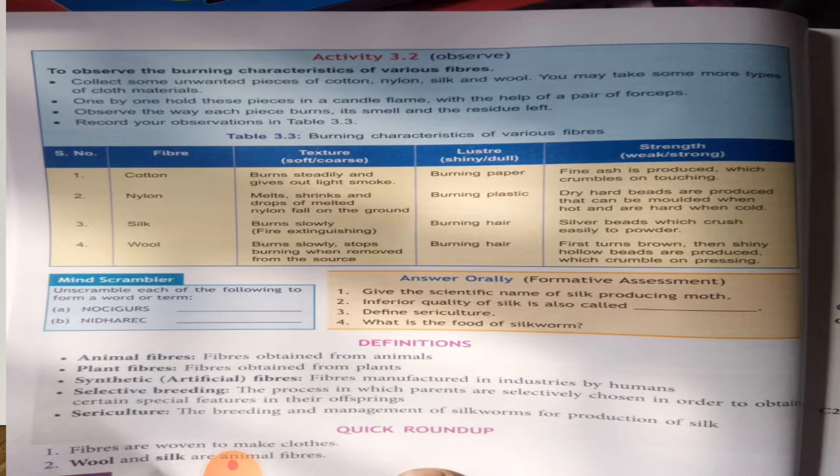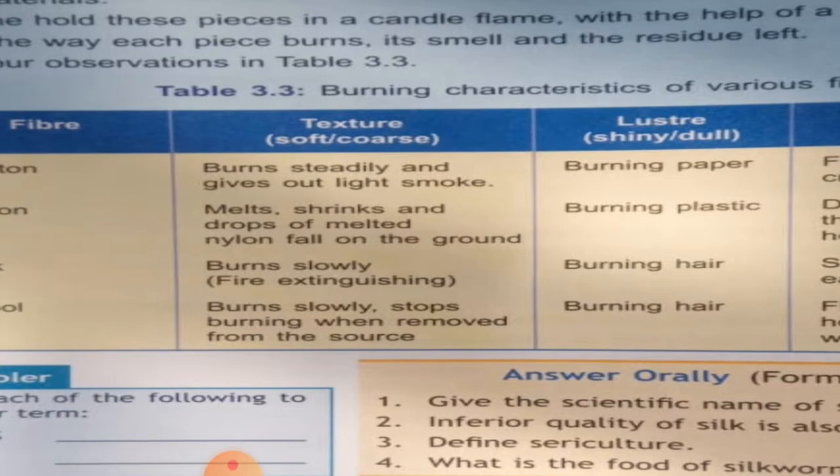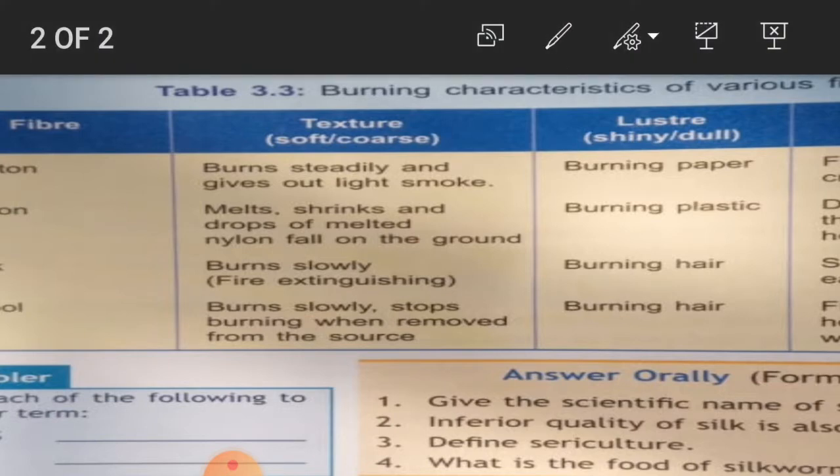So here are some fibers. Number 1, cotton. Texture: soft, coarse. Next, luster: shiny, dull. Strength. So something is wrong here. Let me check. Here should be burning characteristic.